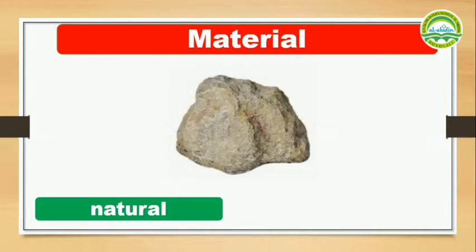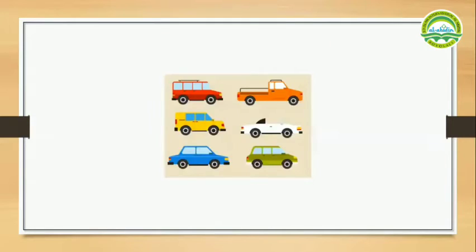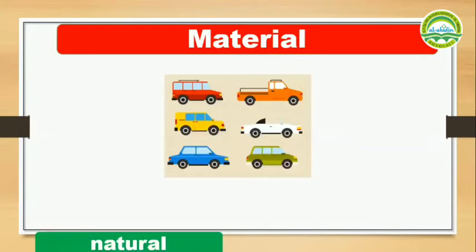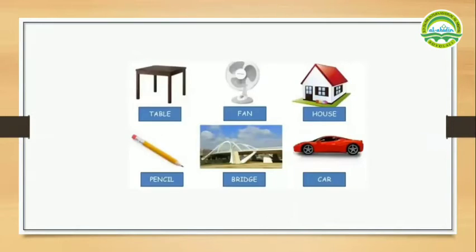So what do you think, natural or man-made? Yes, it's natural. Look at the cars. These are man-made. Man created these things, so you will call them man-made. And look at these things: the table, fan, house, pencil, bridge, and car.